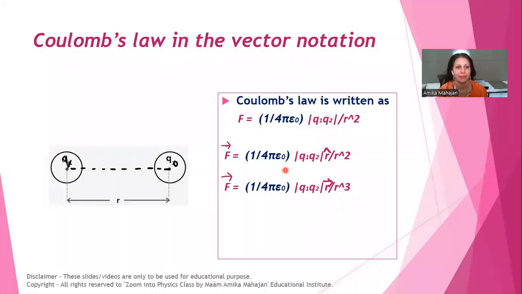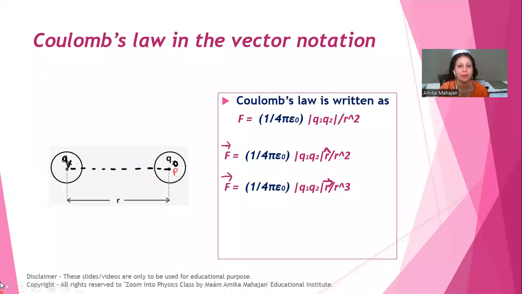Now, how can we write? If I want to find electric field at point P, we want to find field due to charge Q at point P, then I will place a vanishingly small test charge Q naught at point P. Then force between Q and Q naught is given by 1 by 4 pi epsilon naught Q1 Q2 magnitude upon R square.